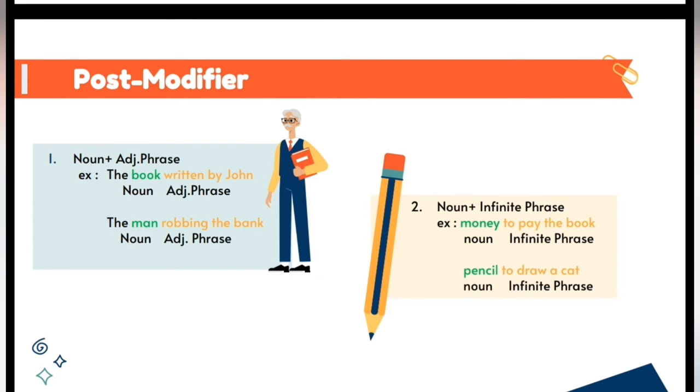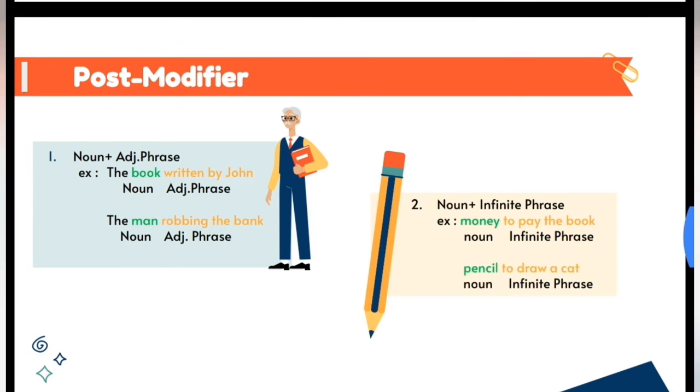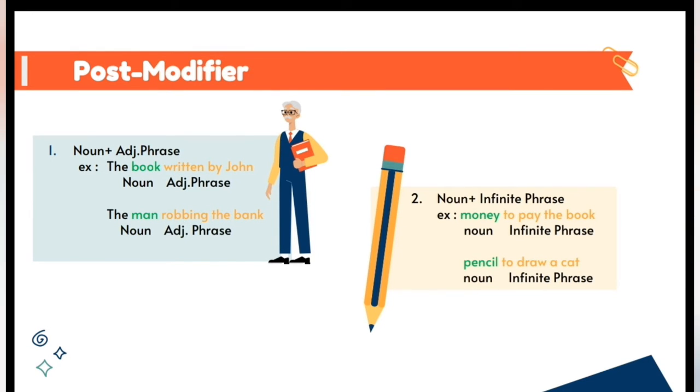Noun plus infinitive phrase. For example, "money to paint the book": money is noun, to paint the book is infinitive phrase. "Pencil to draw a cat": pencil is noun, to draw a cat is infinitive phrase.